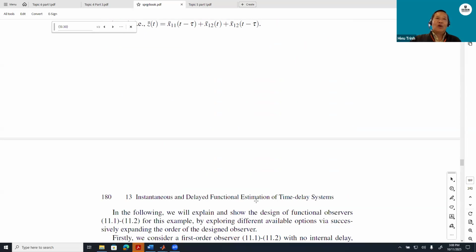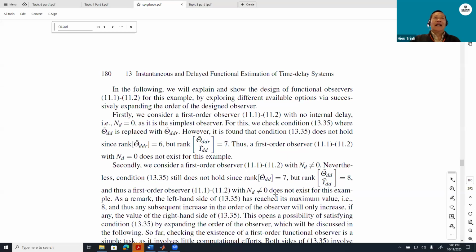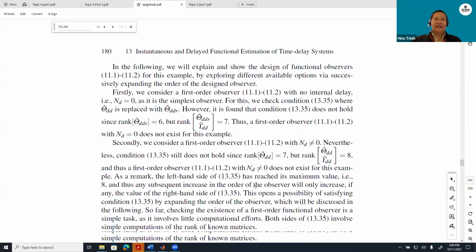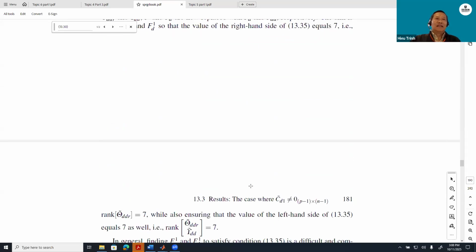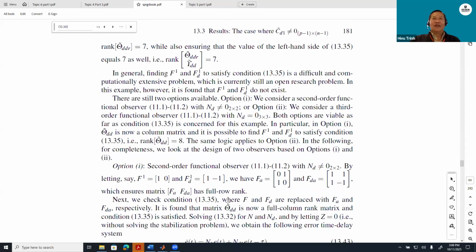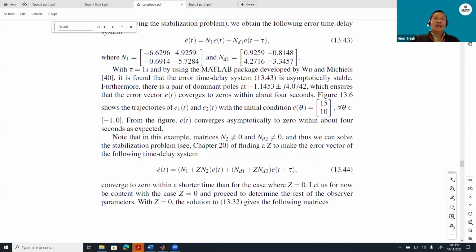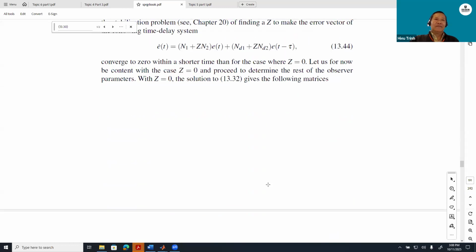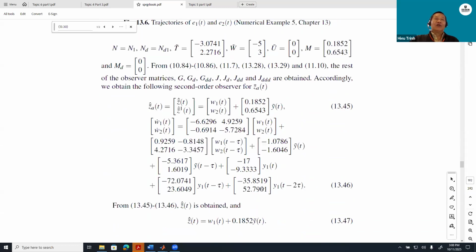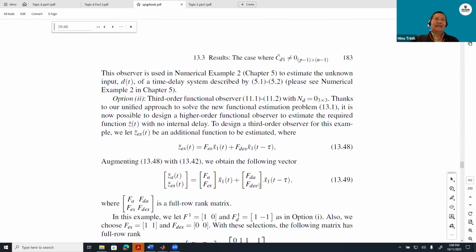We also explore different structures, how to go about inserting a row to satisfy certain conditions, and what the options available are. Do we go for a second order observer with an internal delay, like option 1 here, or do we go for a higher order observer without an internal delay? And that is the discussion that we're going to do in the next talk.